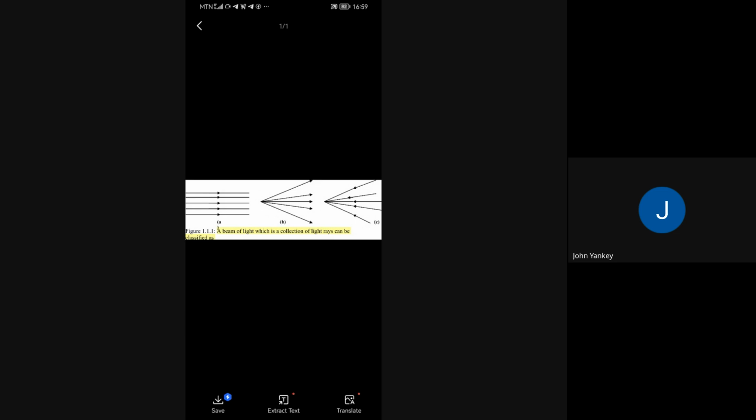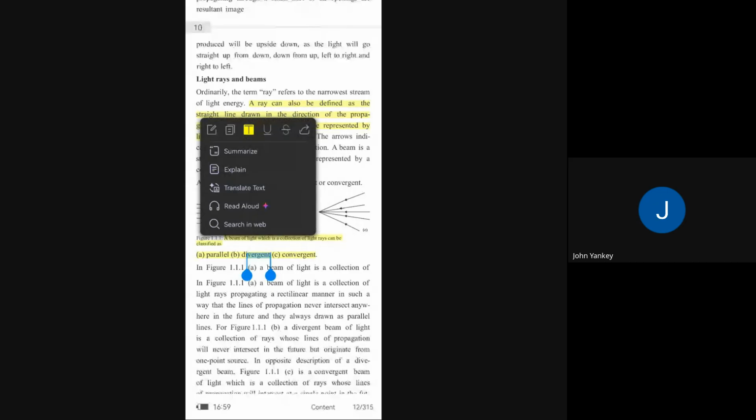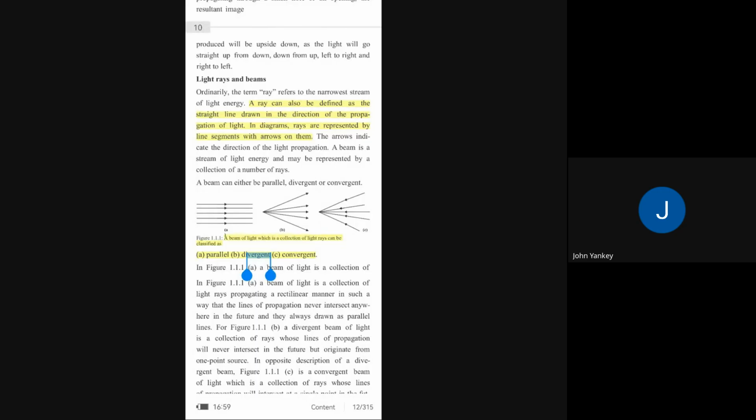So like when you throw a torchlight, you have a parallel beam. But the headlight of a car is divergent, it spreads. It's called a divergent beam. So when you light a bulb, the light rays will spread in different directions, and it's called a divergent beam, a beam that is spreading.